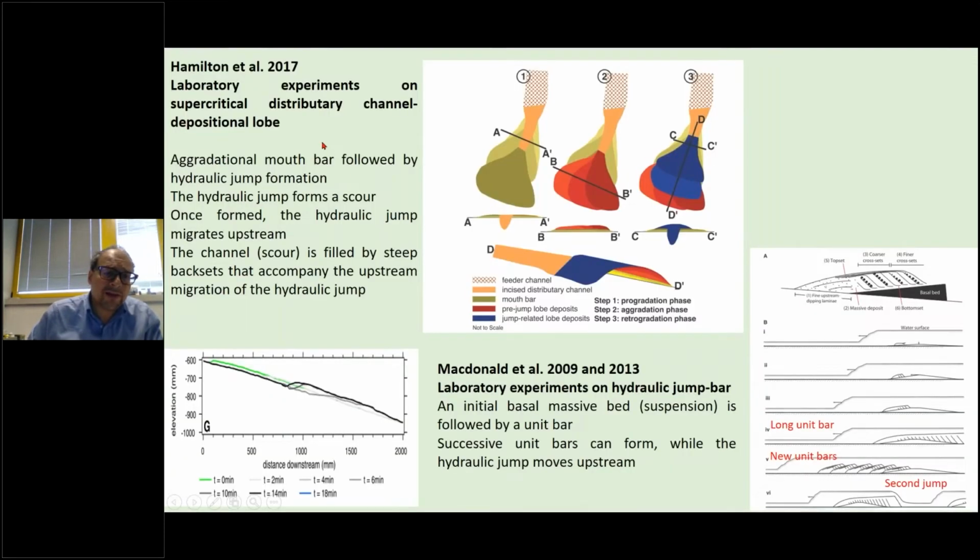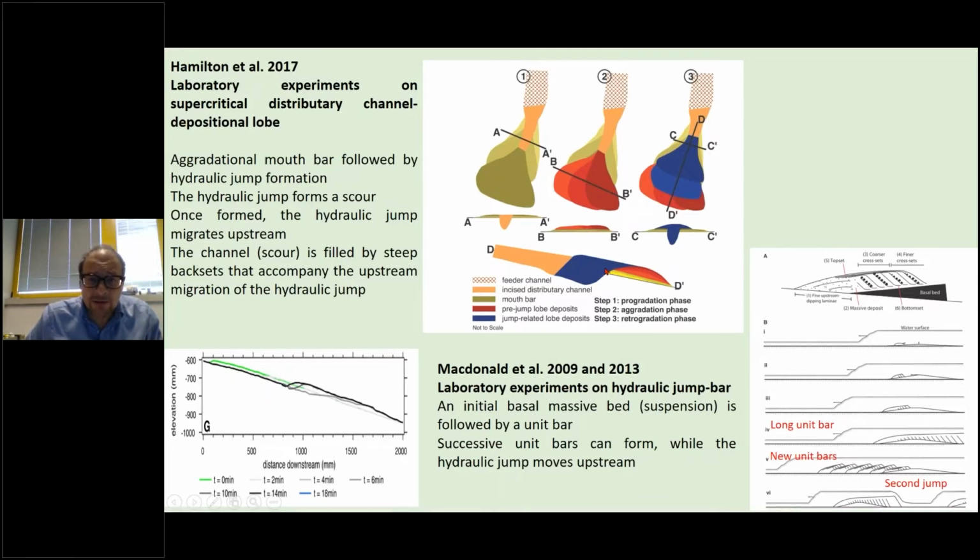So to interpret the genetic processes of this type of plunge pool, I have looked at the laboratory experiment of Hamilton et al. on supercritical distributary channel and depositional lobe, and these authors have shown that after a progradational phase, we have a stagnation phase in which we build this topography, and this topography induced the formation of a hydraulic jump and the formation of a scour.